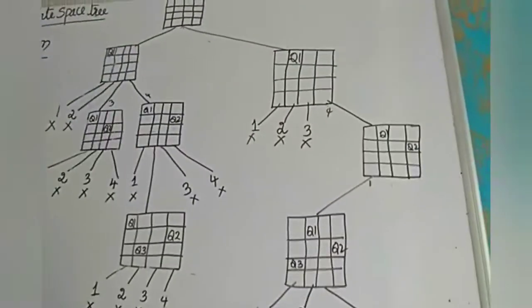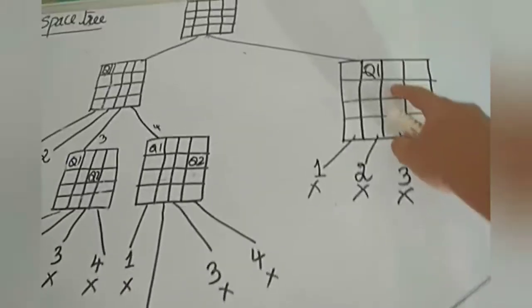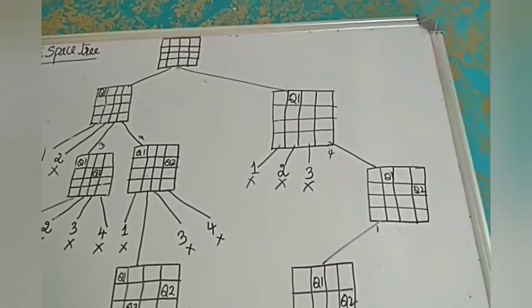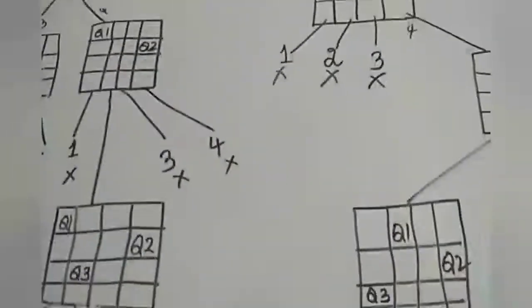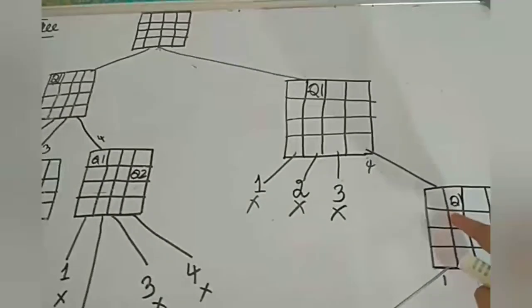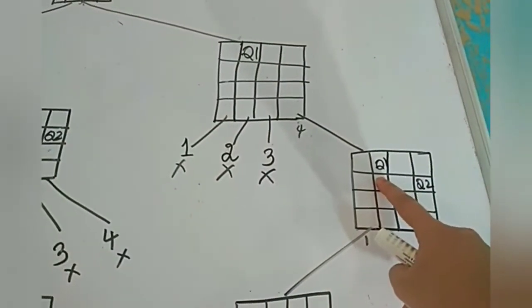And check with the 3 if I place, it will come here, so that is also not possible. Next is 4, the last option left is 4. Yeah, 4 I can place it here. There is no problem if I place it here. So Q1 is in the second column, Q2 is in the fourth column.